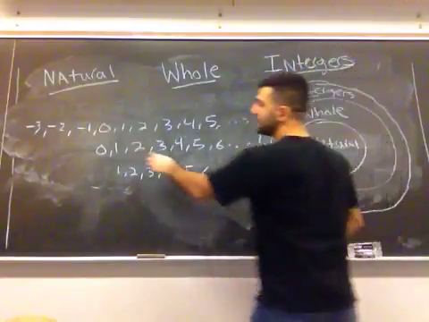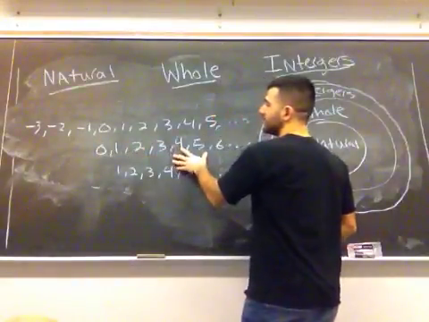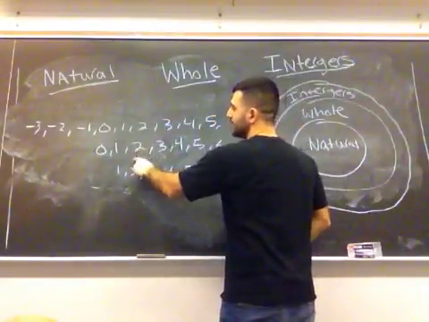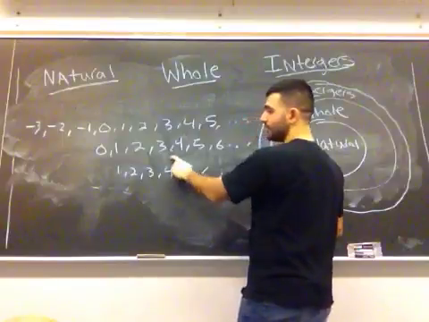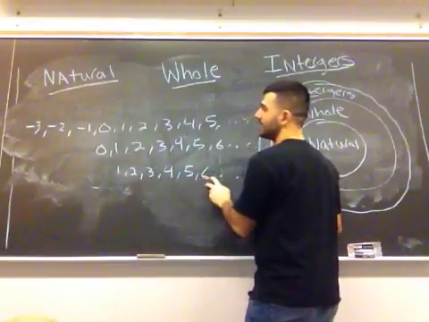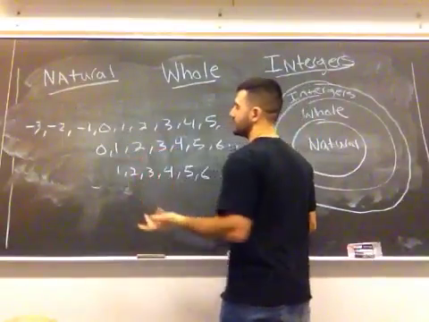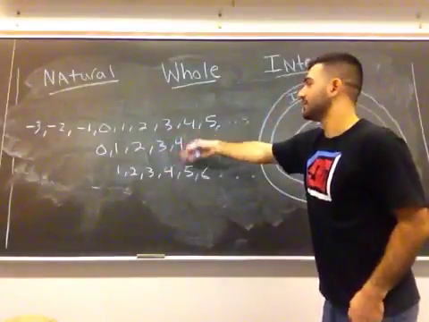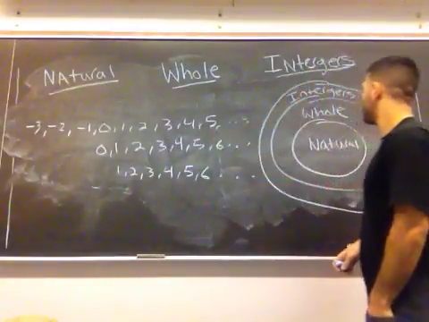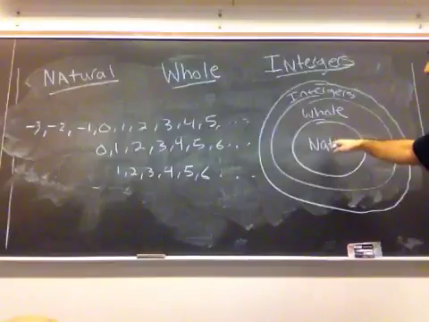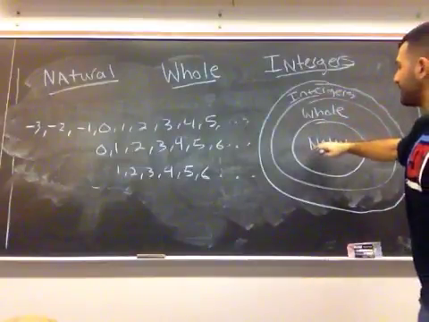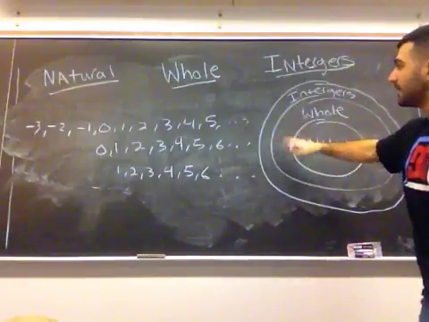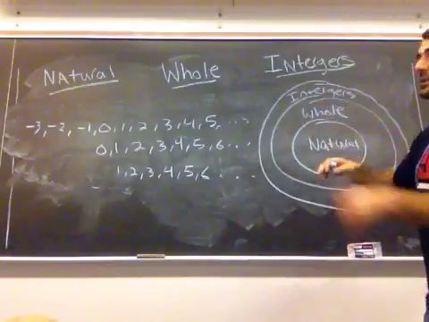So if any number here is an integer, and any number here is a whole number, that means any number here is also an integer, right? You can see why that makes sense. You can just look at it. So in this way, we see how numbers are contained in something that's more general.